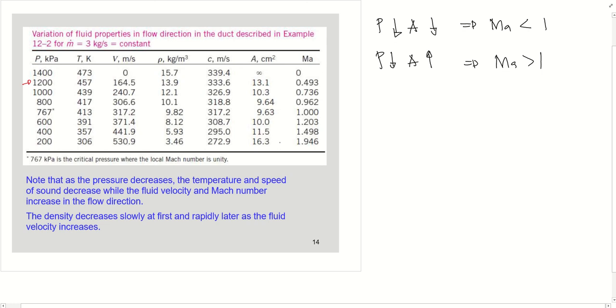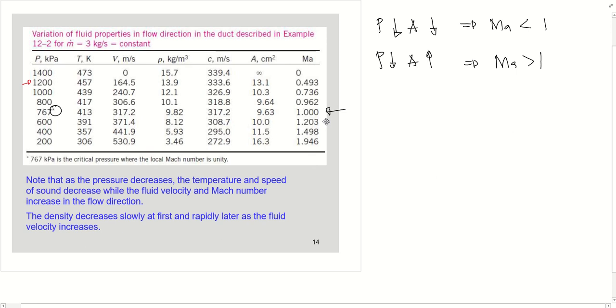Flow area decreases with decreasing pressure down to a critical pressure value. So this is the critical pressure value where the Mach number is unity. As you can see, the Mach number is now unity.